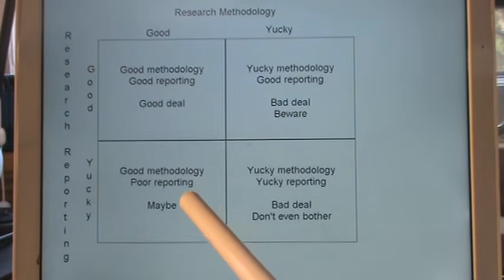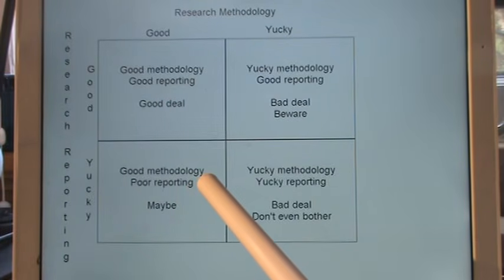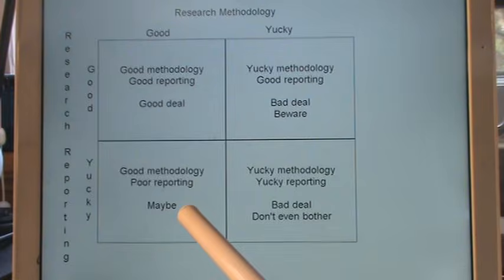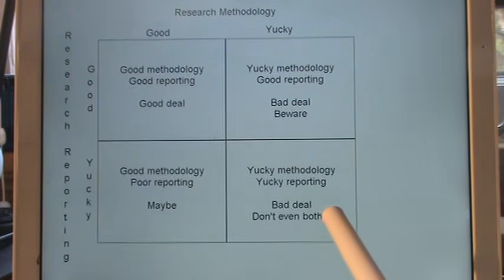It's reported poorly, but that's okay. If the methodology is sound, then it may have some value for us. And of course, if you have yucky methodology and yucky reporting, then there's no need to even look at it. Just throw that away. If I ever give you anything to read that has yucky methodology and yucky reporting, don't even bother reading it.